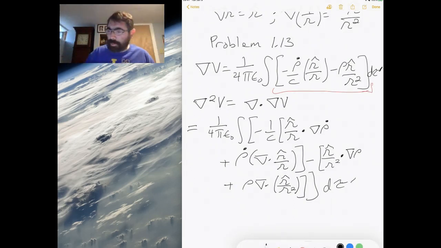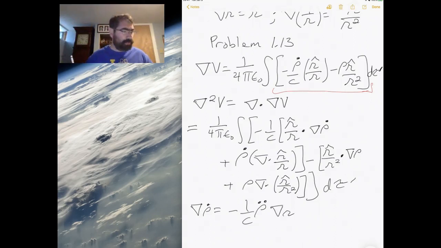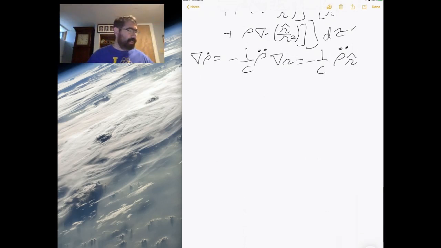Let's take a look. What is the gradient of rho dot? That would be minus 1 over c, rho double dot, the second derivative of rho, times the gradient of r, which is equal to minus 1 over c rho double dot r hat. Now let's take a look at the divergence of r hat over r.